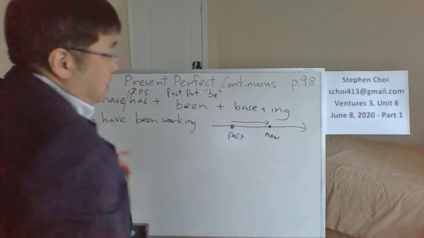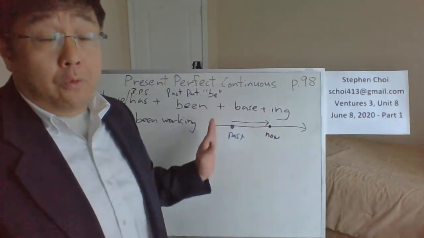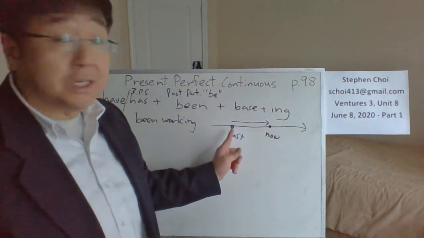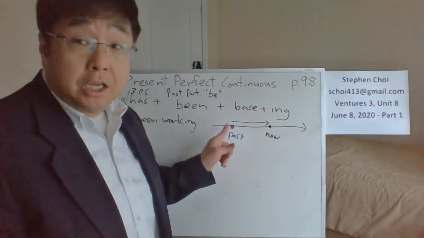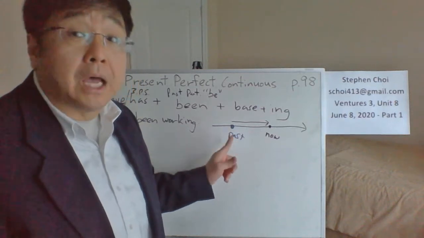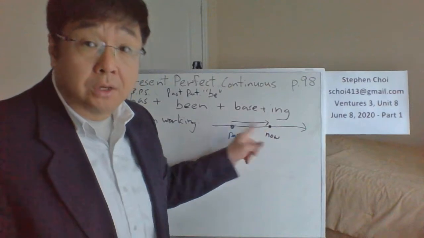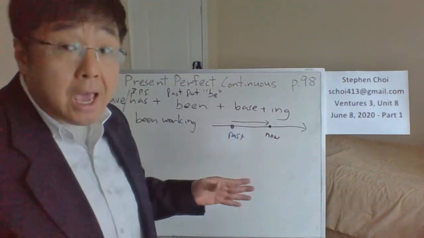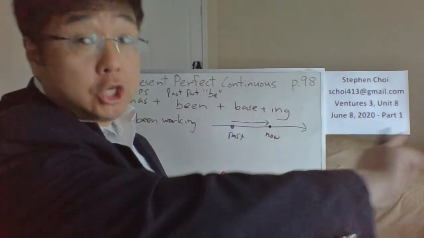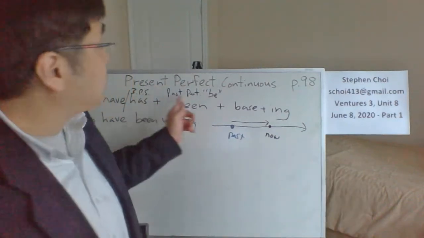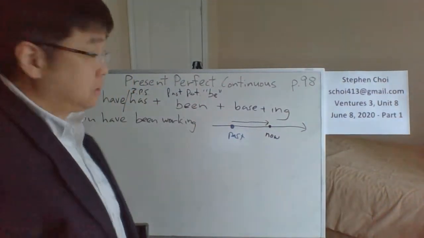Present perfect, we don't know when it stopped, but present perfect continuous, it doesn't stop. It began sometime in the past, and then it's continuing until right now, until this moment, and probably will continue in the future. That's the expectation.